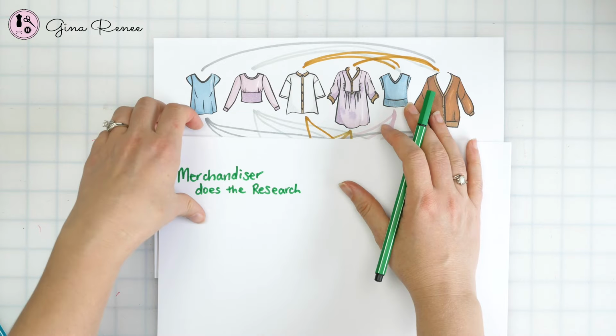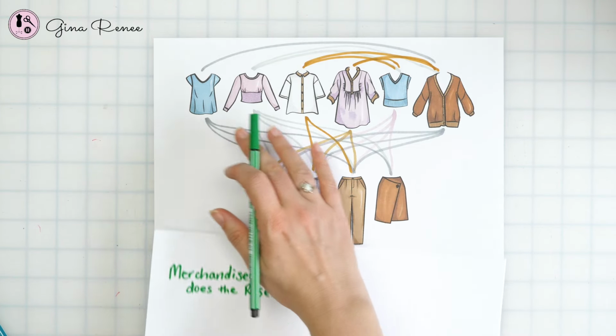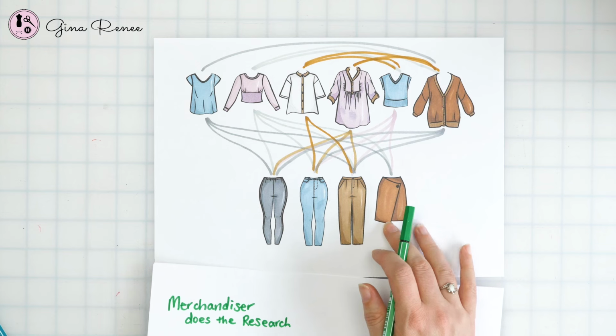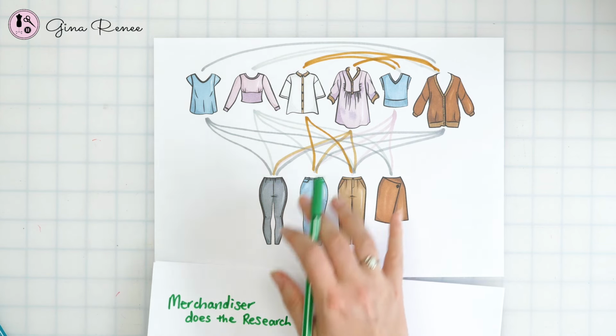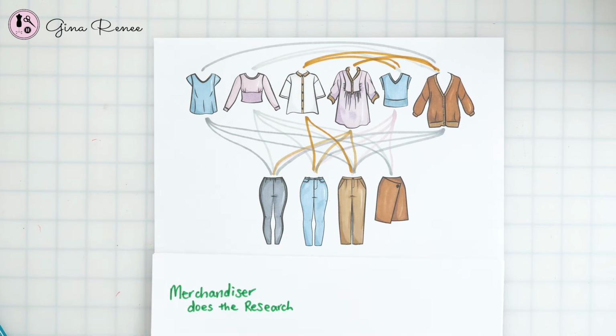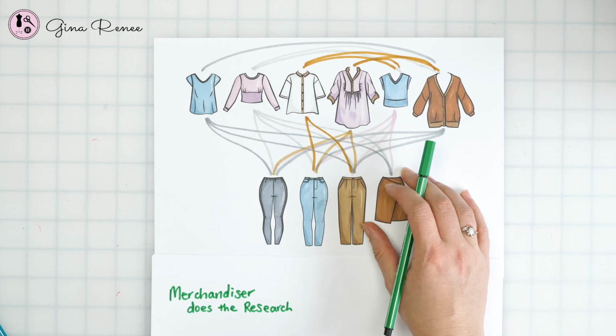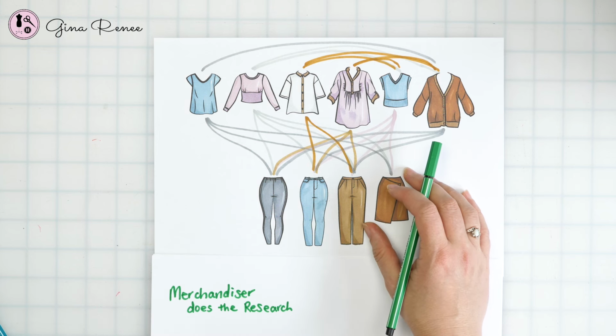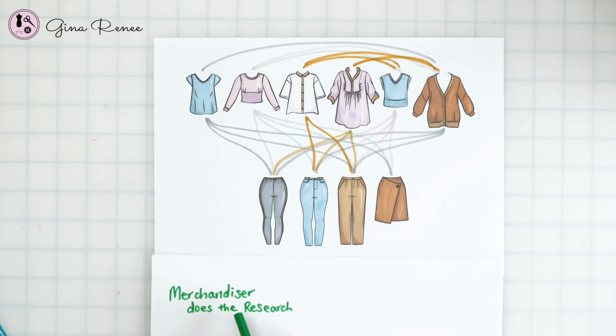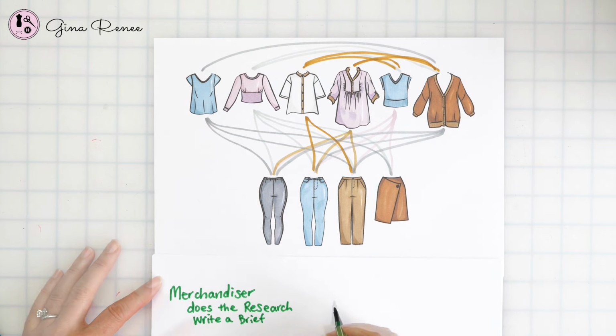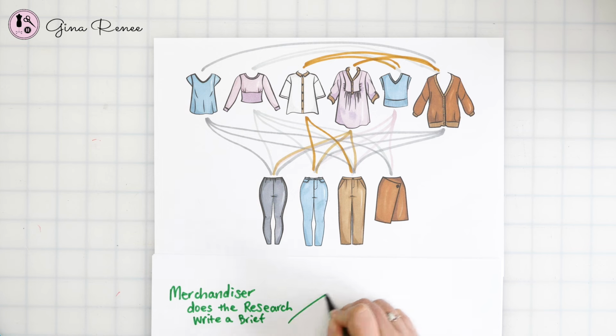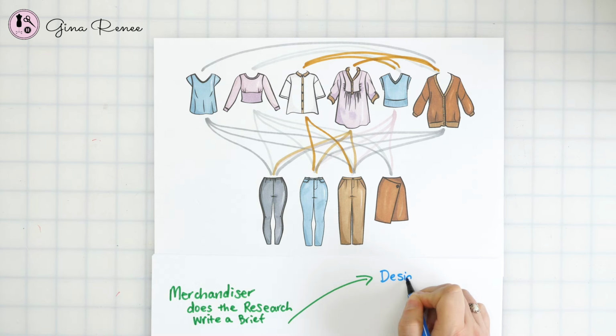They put all of this information together and decide how many different styles they need in order to mix and match into their collections to create a cohesive brand collection. Once they decide how many styles they need and what USPs they need and the pricing, then they create what's called a brief. They write a brief and then they pass that over to the designer.